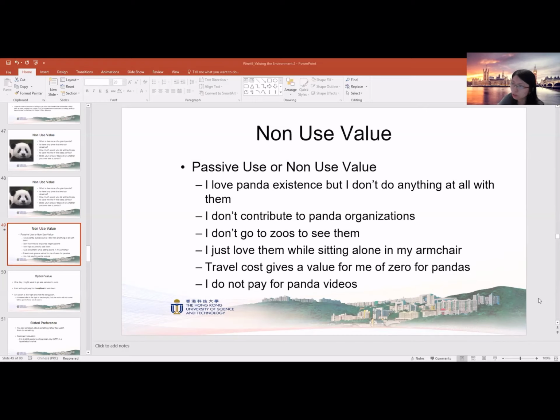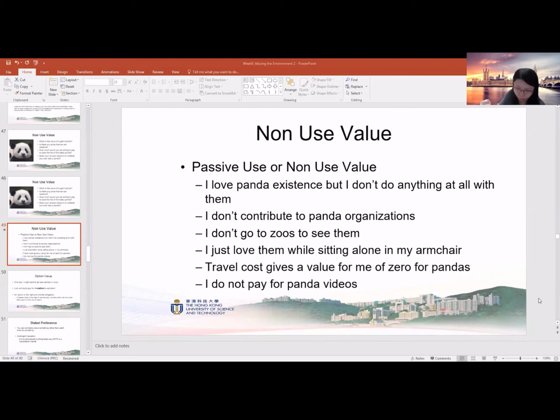I know zoos that will charge you extra money for access to a panda gate, basically. But that applies to people who are paying for pandas, who would like to see the pandas in reality. There are other people who enjoy the existence of pandas, who enjoy the idea that pandas exist, but they do not plan to visit the panda sites, either because of higher travel costs, or they just don't think it makes that much of a difference seeing the panda in reality.